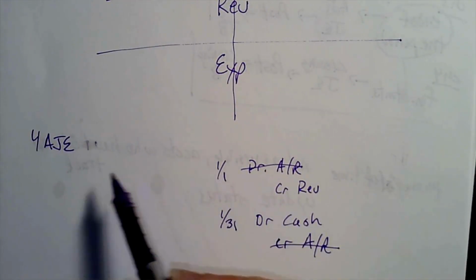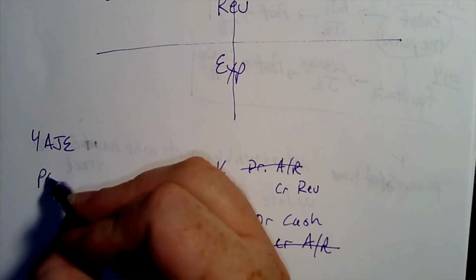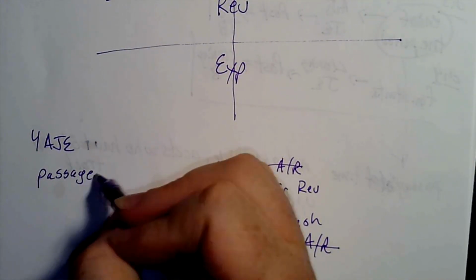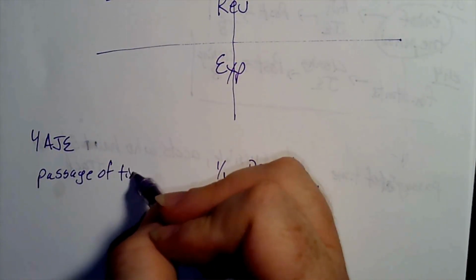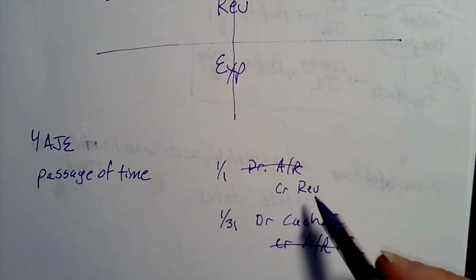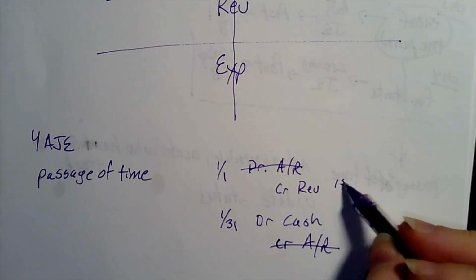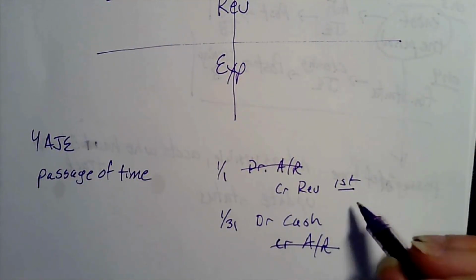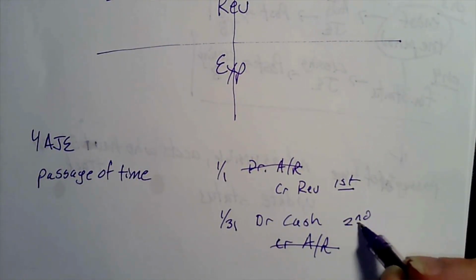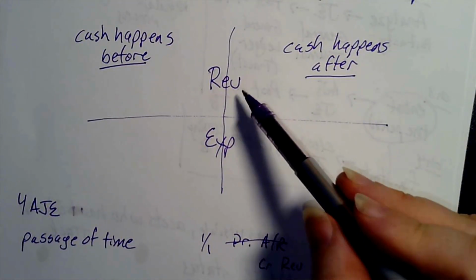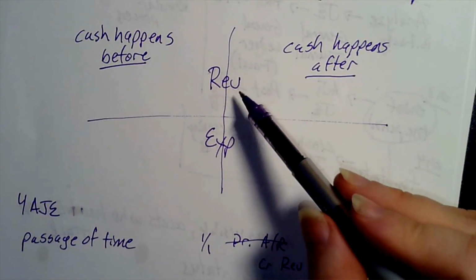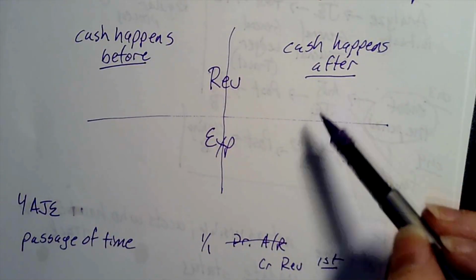And that's what adjusting journal entries are. Remember, we said it's the passage of time that defines these things. Now, when we record the AR, we're basically saying revenue happens first. We go ahead and record the revenue first, and later on we record cash. So this is a situation where revenue happens and then the cash happens later.